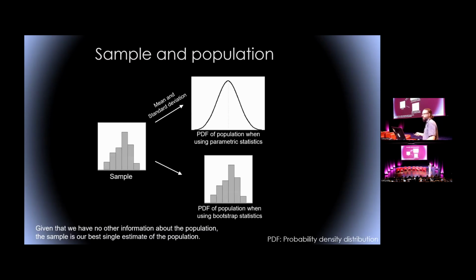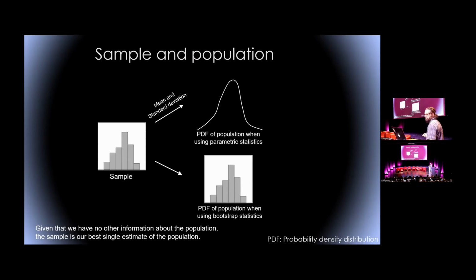So if we have here our sample, and this is the distribution of values in our sample, we can make the assumption that this comes from a Gaussian. So this would be parametric statistics. This is the probability density distribution of the population.